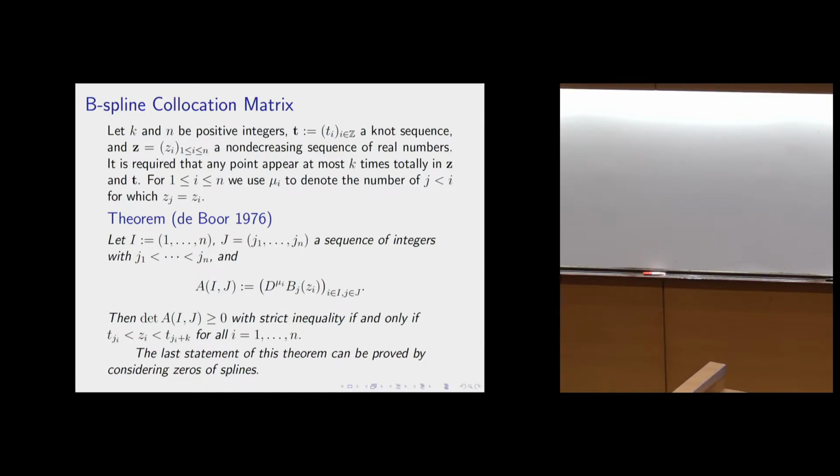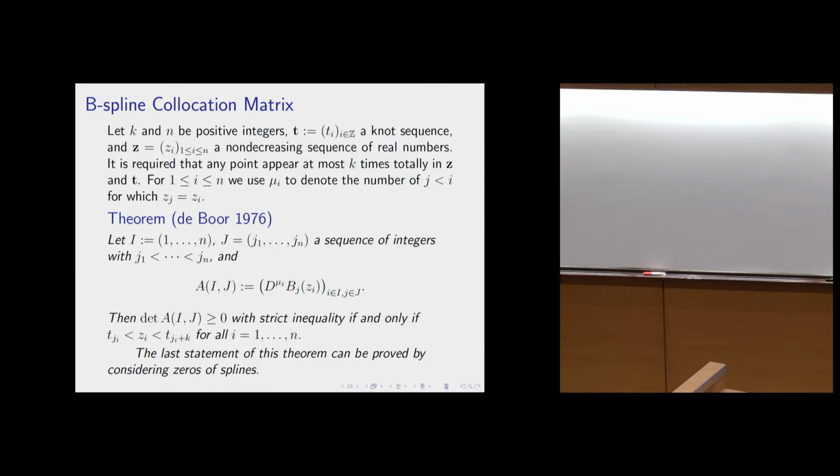Then when we have multiplicity, both in the knot sequence and for the nodes, the zeros, multiple zeros, also maybe multiple nodes, this most general result was done by de Boor in 1976.